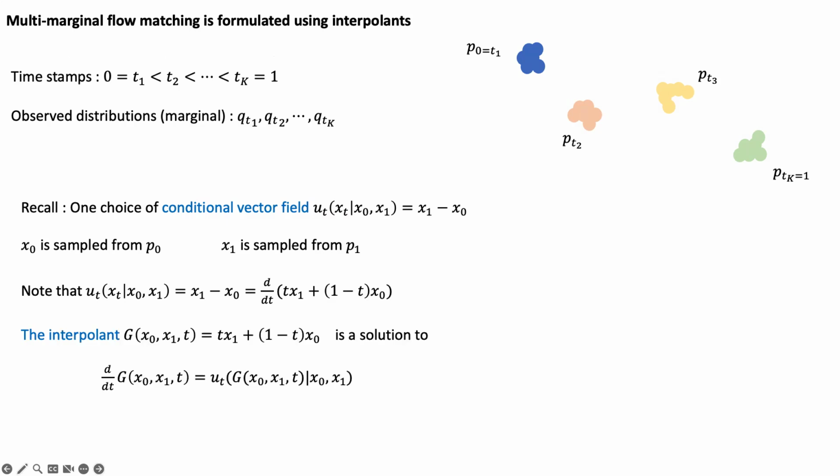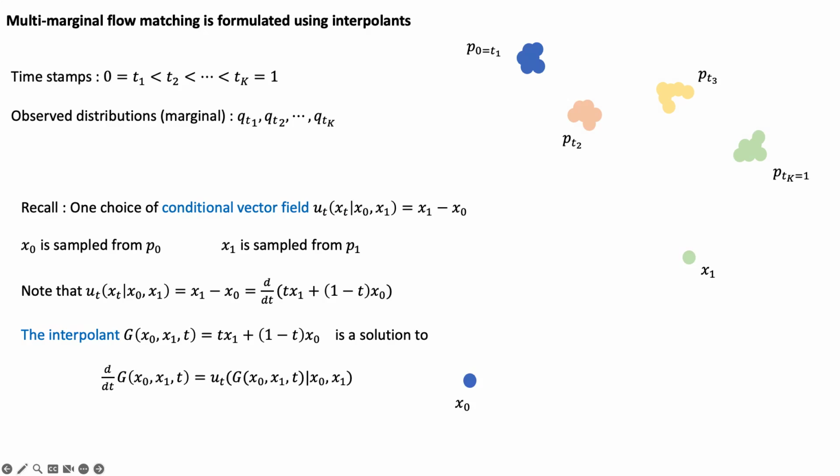So that's why it motivates us to define the interpolant at time t, like this. And here, this interpolant is a solution to the following ODE, where the vector field is this conditional vector field.